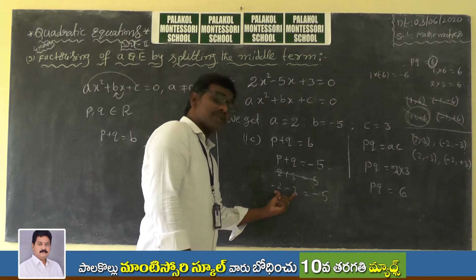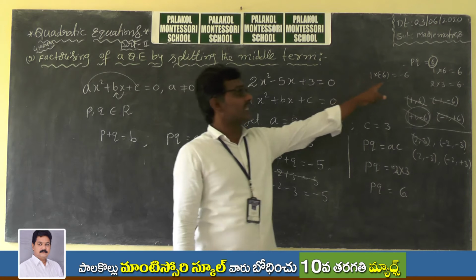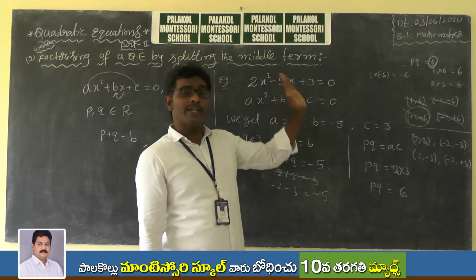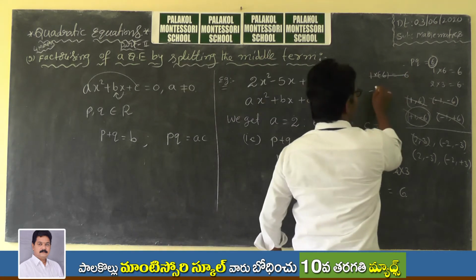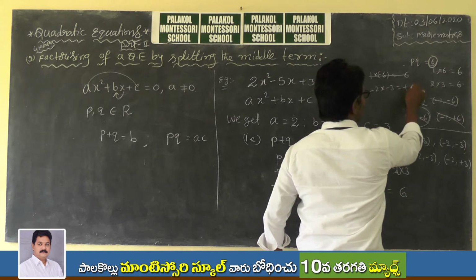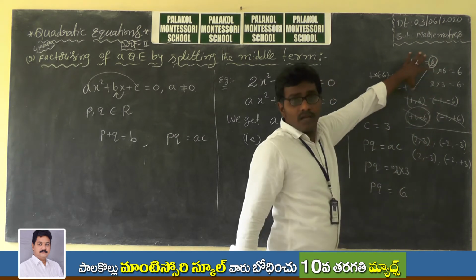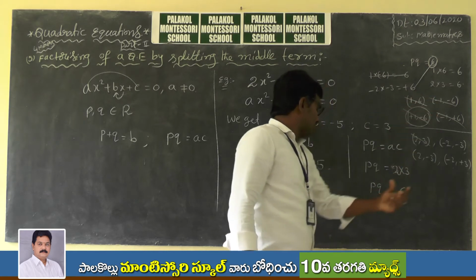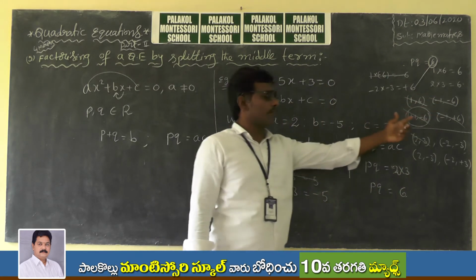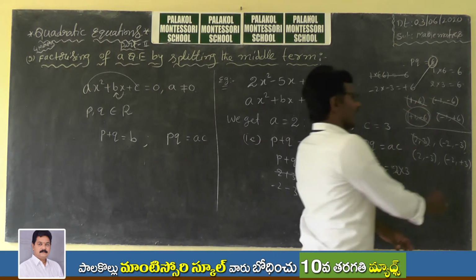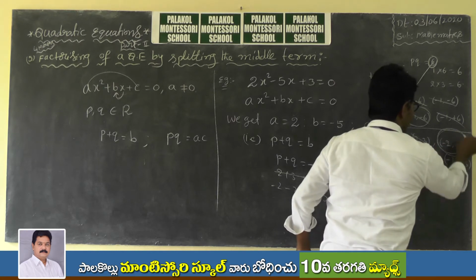Right, now check whether the product of these two numbers gives 6. Minus 2 into minus 3 is plus 6. Okay, this is applicable for the sum and this is applicable for the product, so you have selected this one.